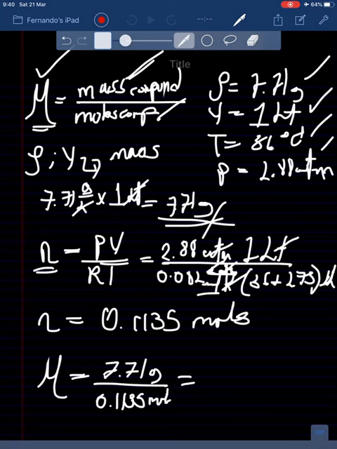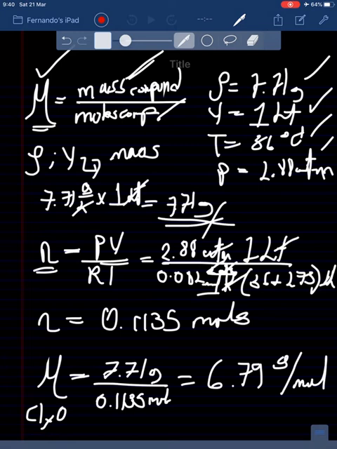If you do this, we will have 6.79 grams over mole. So I already have the molar mass of the chlorine XOY compound that I have.